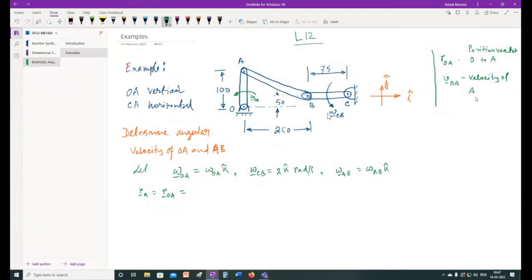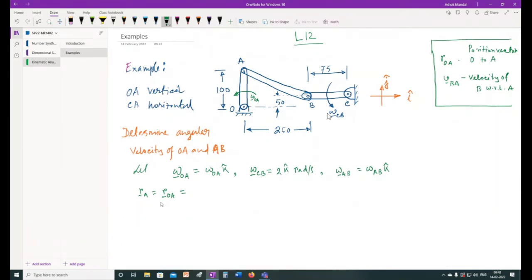VBA means velocity of B with respect to A. You should not be confused by these notations. You can change the notations; you can write R A O, position of A with respect to O, and then there is no confusion. Don't spend much time on these definitions. Just understand what is happening here.